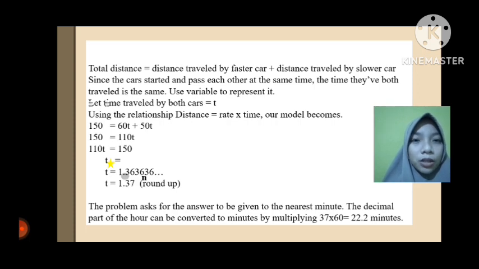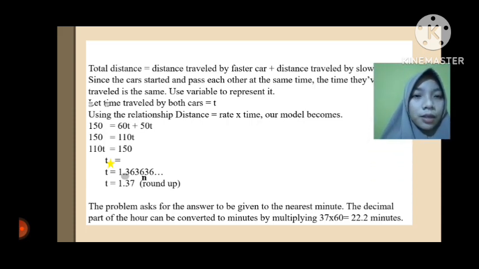To get t, we have to divide 140 by 110. Now we get t is equal to 1.363636 and so on. We can round up: t is equal to 1.37. The problem asks for the answer to be given to the nearest minute.